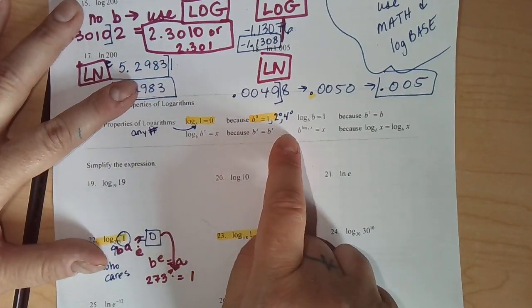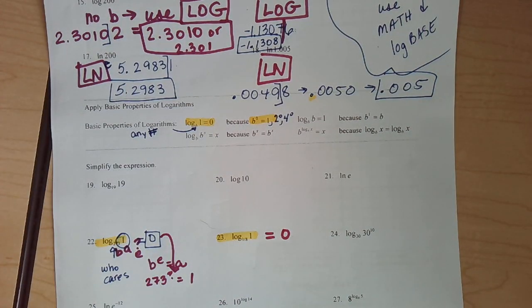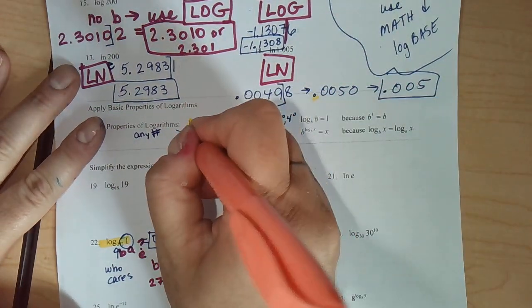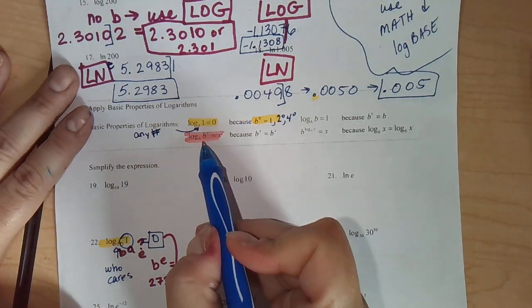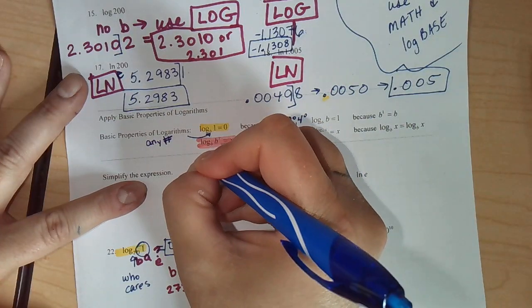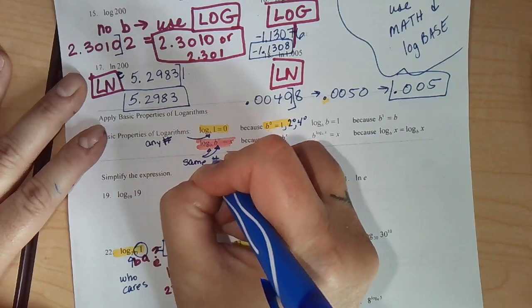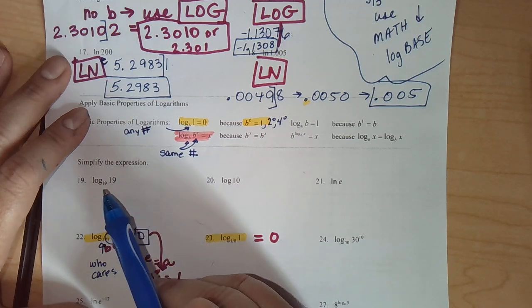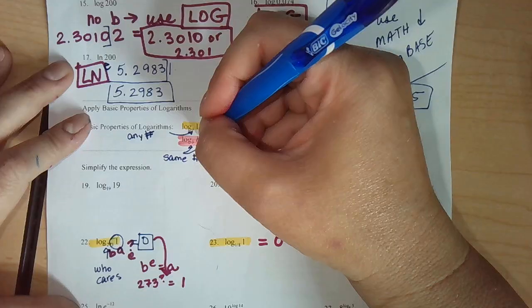This trick says, if you have log, and then look at that. It looks like the basement and the big fat number are the same. Okay, and anytime that happens, if you have the same little number and big number, it equals whatever your exponent is.